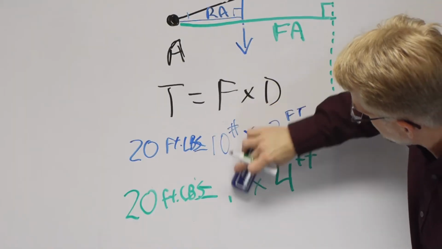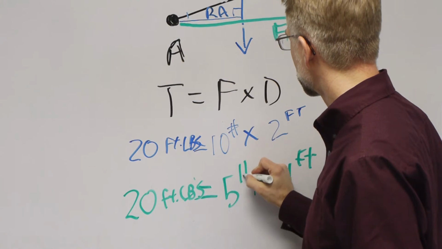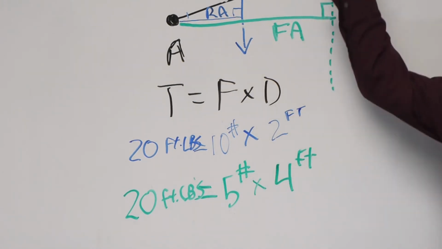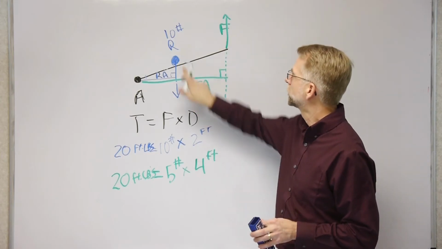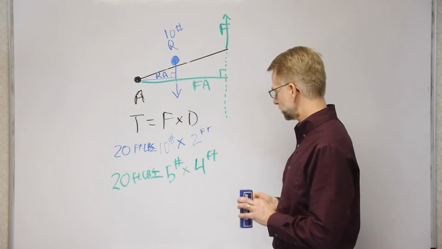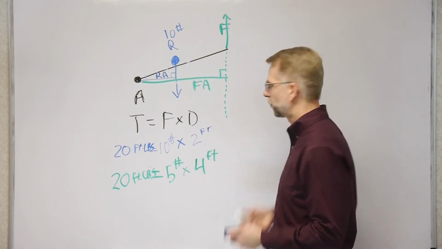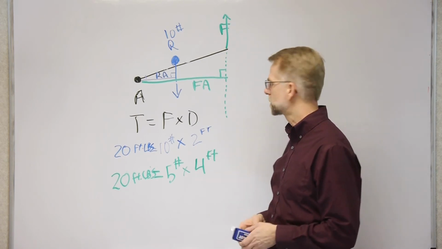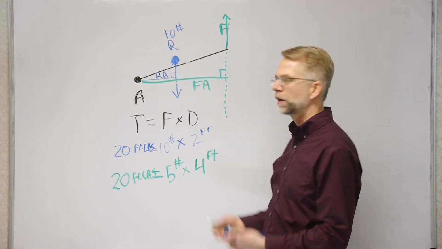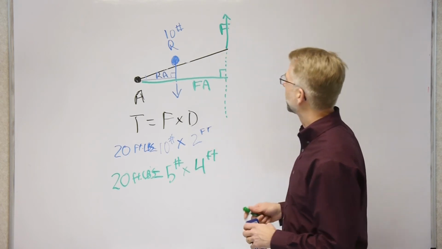That math is fairly straightforward, and basically what I need is 5 pounds of upward force on the handles to lift my 10-pound load in the middle of the wheelbarrow. Anything more than 5 pounds will actually lift it off the ground. 5 pounds will just hold it in a steady state.